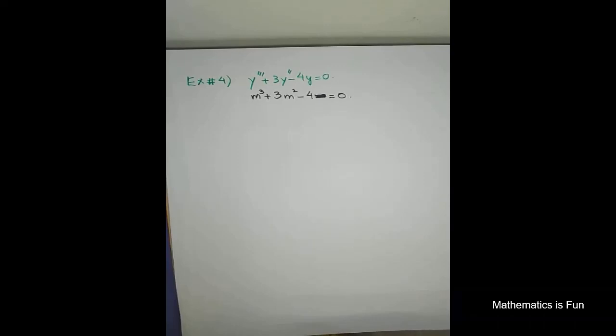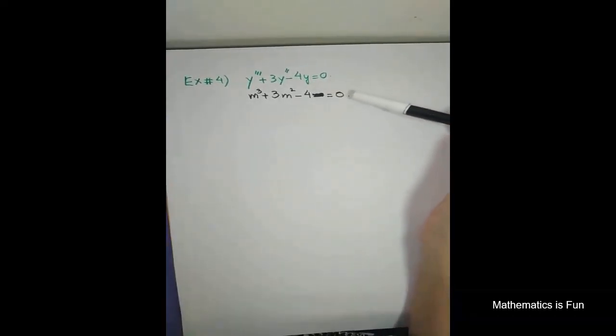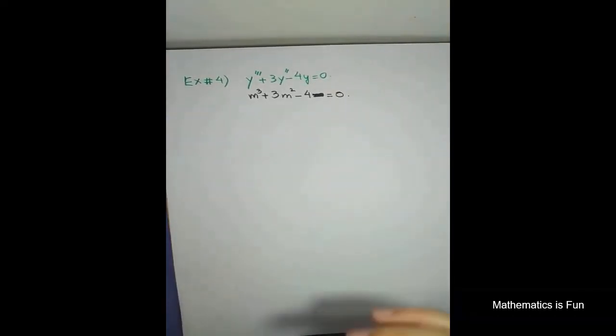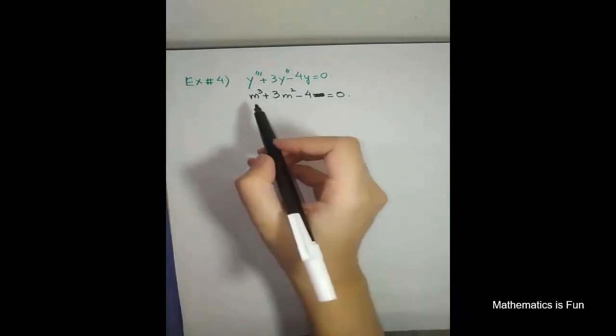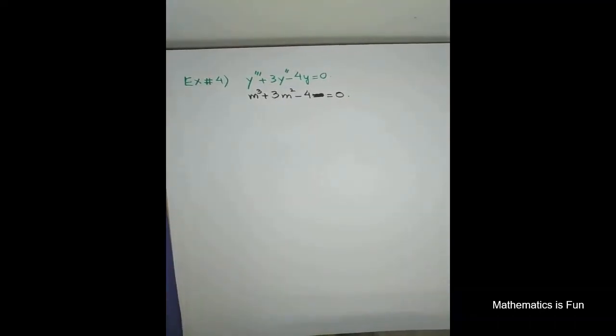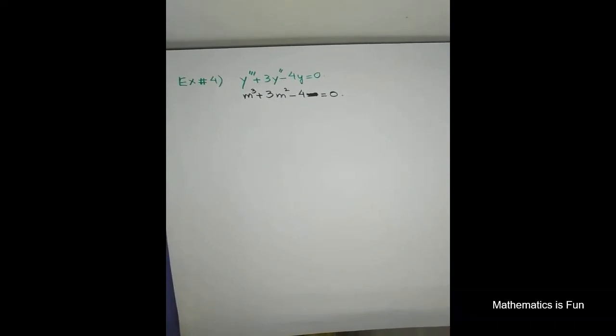First of all, you have to guess which constant satisfies this equation. You can take 1, minus 1, 2, minus 2, or 0, anything. I suppose m is 1, and I check whether it satisfies the equation.